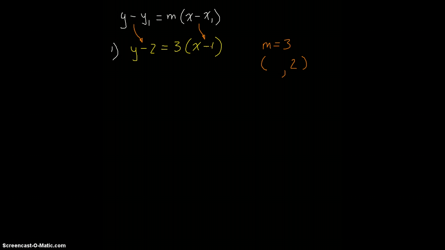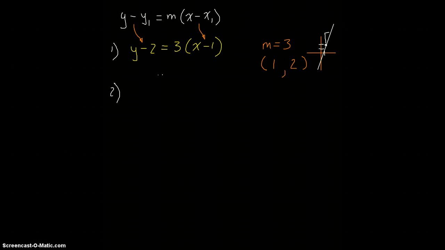They line up, and so x1 is simply 1. So there's my point and the slope. And with this, we could easily draw a line. 1, 1, 2. There's a point, and my slope is 1, 2, 3, 1. And I get a nice little sketch of a line pretty quickly with this form.